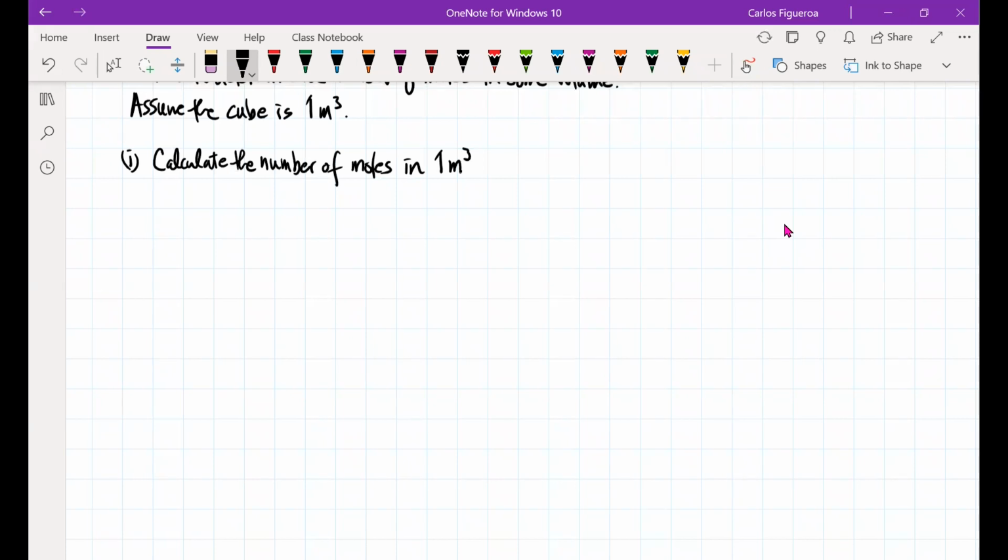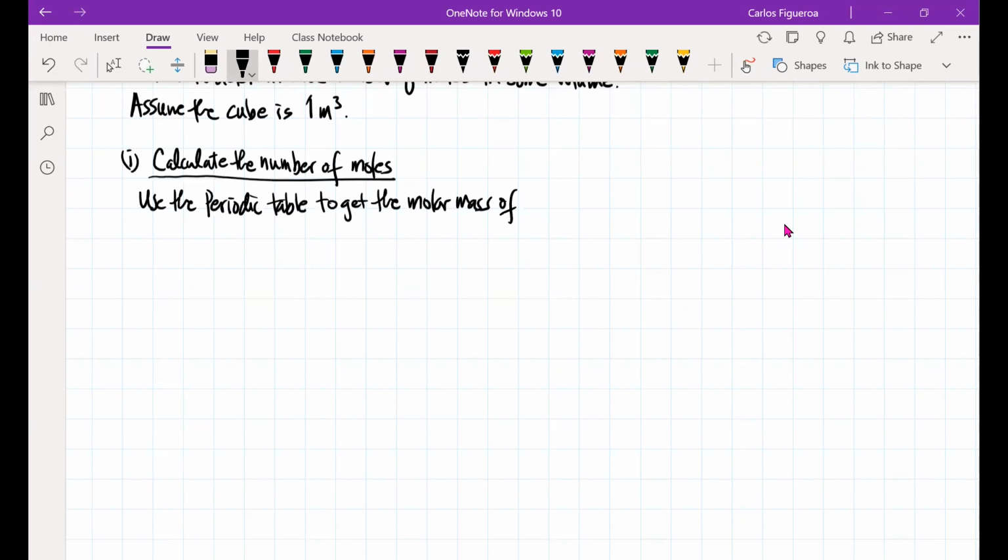So again, I'm going to use the periodic table to get the molar mass of CO2. If you look at CO2, it really looks something like this.